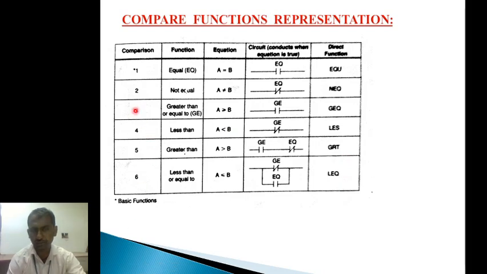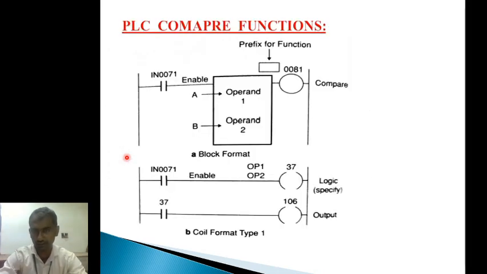Here we can mark one star and one star, which means these two are the most commonly used in most PLCs. Next, the syntax diagram, that is, the syntax for the PLC comparison function: this one is operand 1 and this one is operand 2.